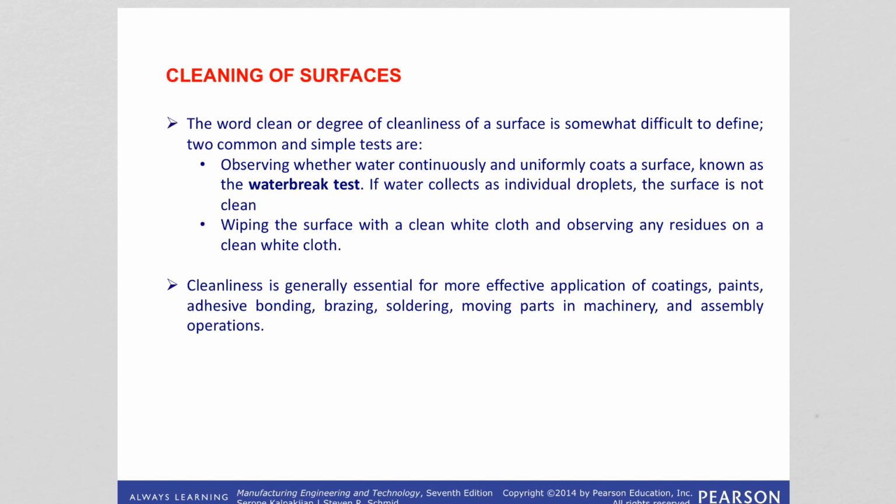There can be two simple tests that can be done. One is the water break test, just observing whether water is going to uniformly coat the surface. If water collects as individual droplets, then it means the surface is not clean. And there is also another way of wiping the surface with a clean cloth to see if there are any residues on a white cloth.